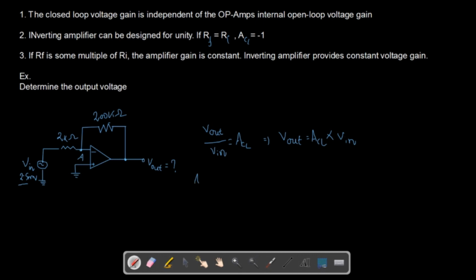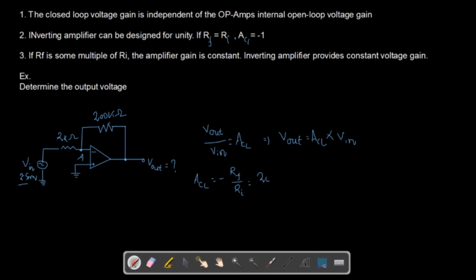We have just seen the formula, and we are applying it to the inverting terminal here, so we have to put a minus sign. You can write the formula as minus Rf divided by Ri. Both are in kilo ohm, so I don't need to convert them into ohm.